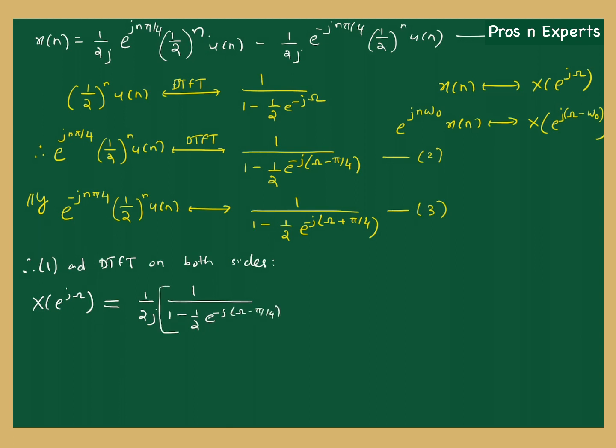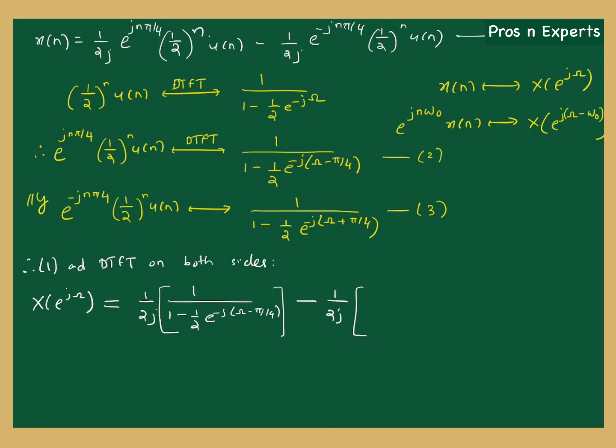Okay, right, minus 1 by 2j into the Fourier transform of e raised to minus j n pi by 4 half raised to n u of n. That is obtained in equation number 3.